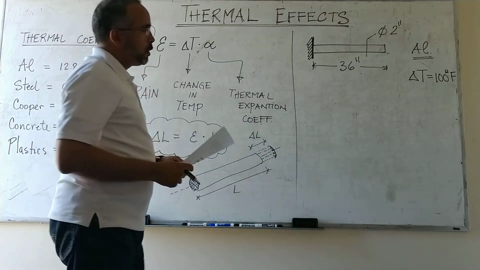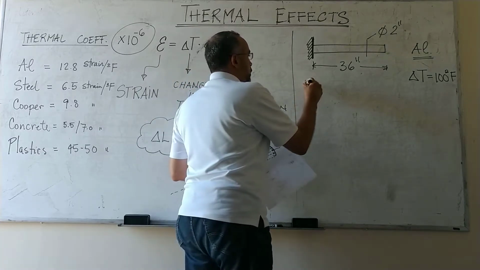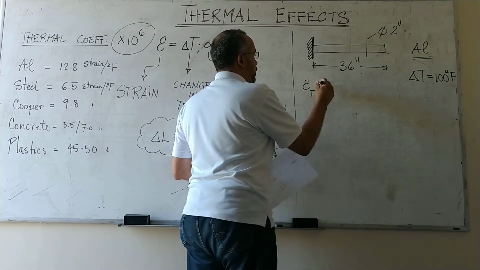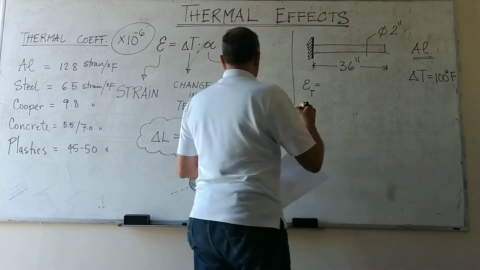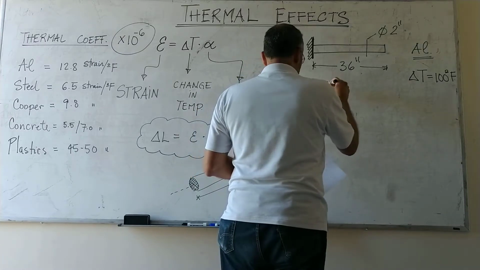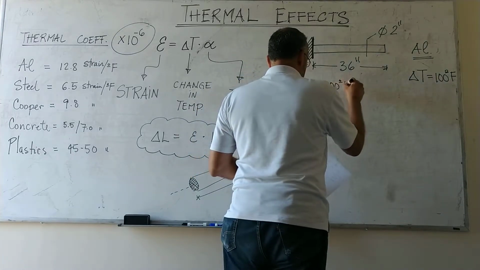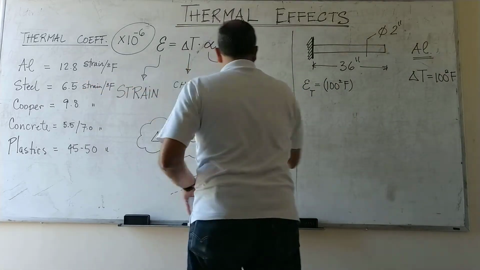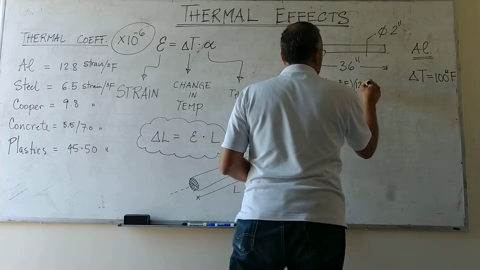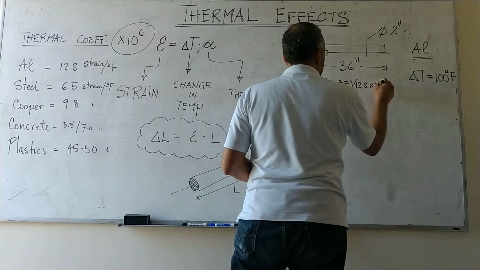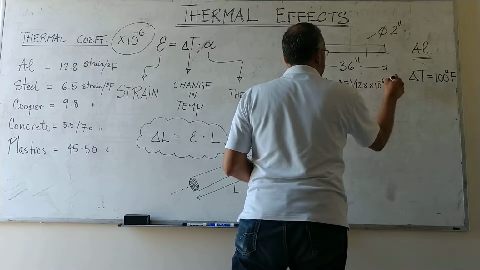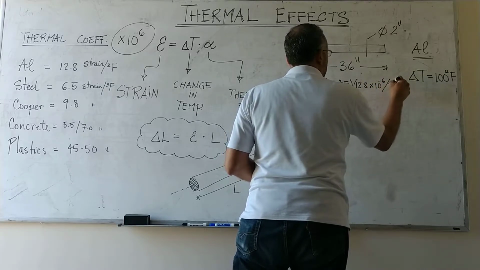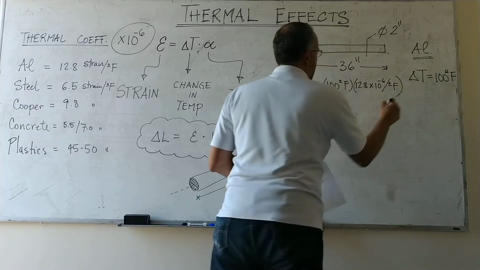So if we use this formula, we will obtain that the temperature-induced strain is going to be 100 degrees Fahrenheit multiplied times 12.8 times 10 to the minus 6 per degree Fahrenheit.